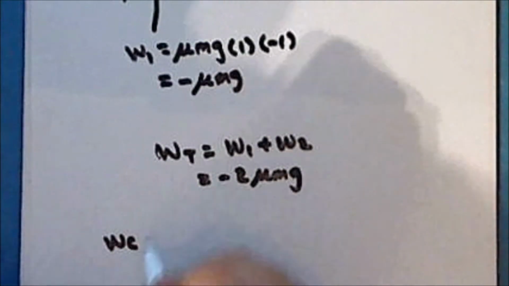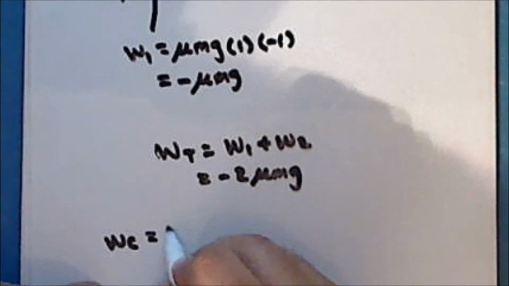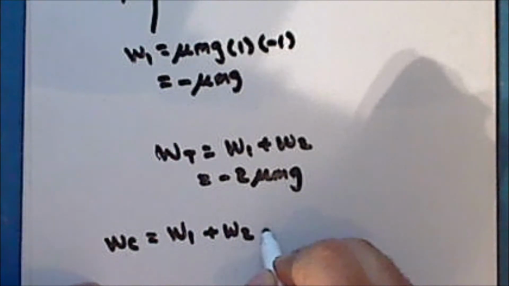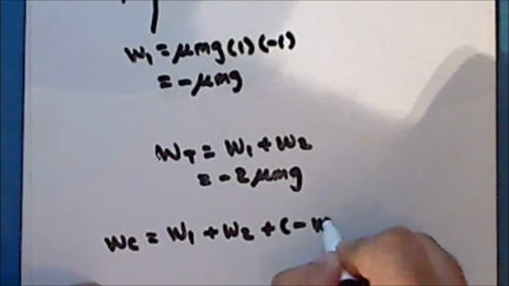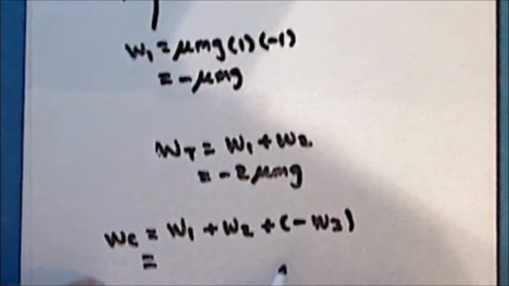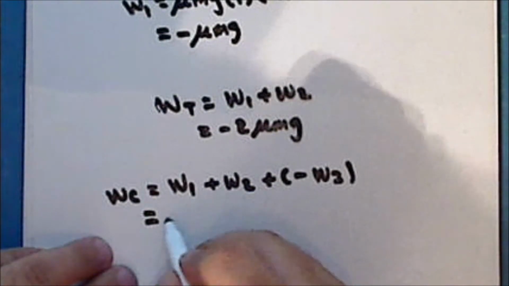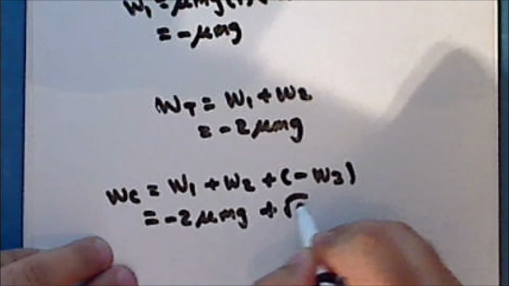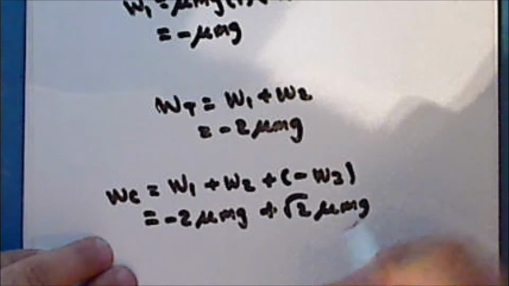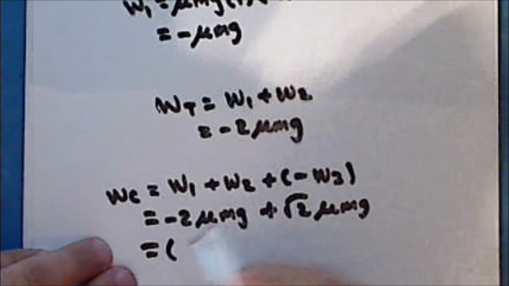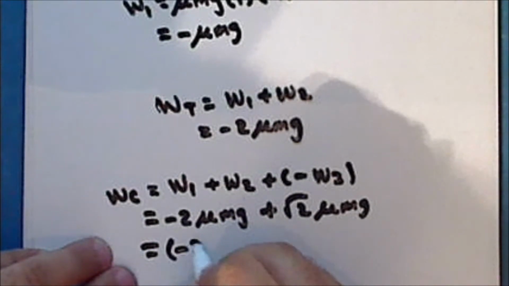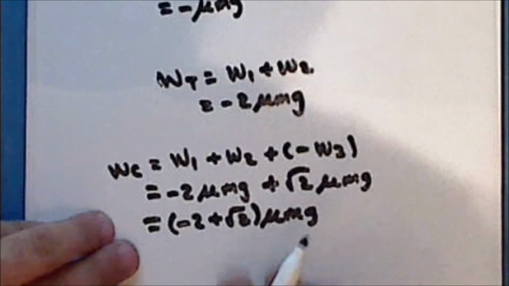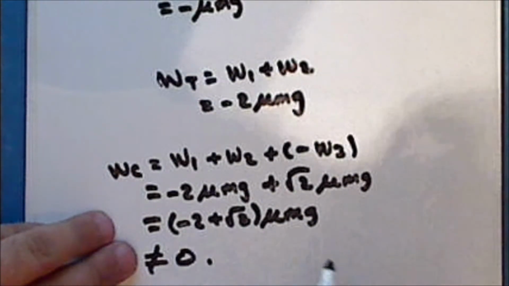The work on this closed path is equal to W1 plus W2 plus the negative of W3, which is negative 2 mu mg plus the square root of 2 mu mg, which is negative 2 plus the square root of 2 times mu mg, and this is not equal to 0.